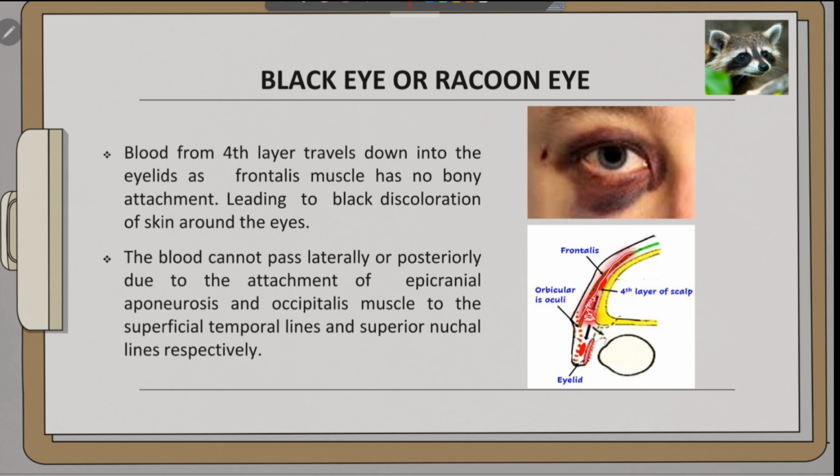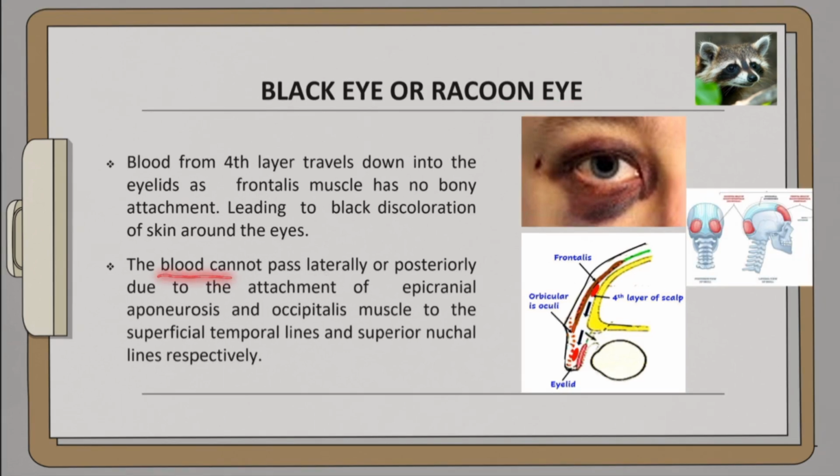And the frontalis muscle is attached to the muscle of the eye, that is the orbicularis oculi. So when there is bleeding, it gravitates down toward the eyelid, and after a few hours, the blood collects and is seen as a black eye. It is also called raccoon eye. As the raccoon animal has this black colored patch around the eye, it is compared with the raccoon eye.